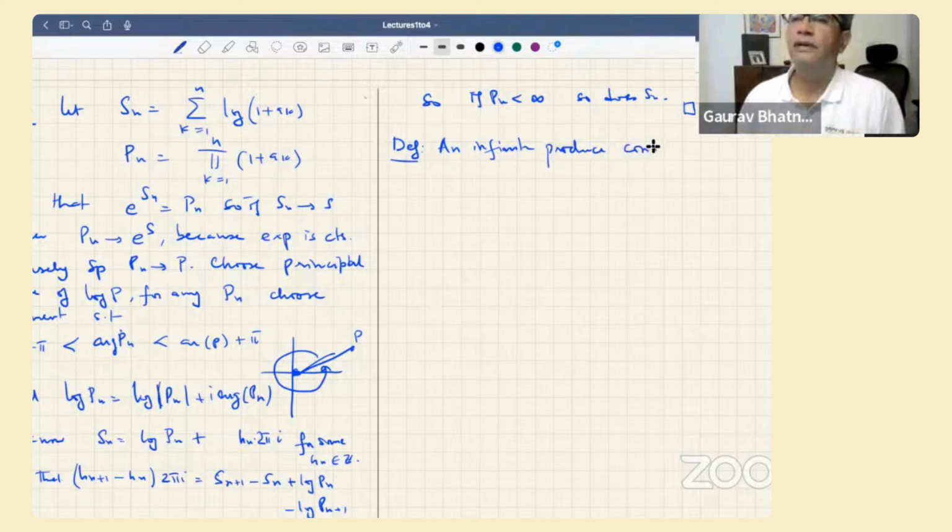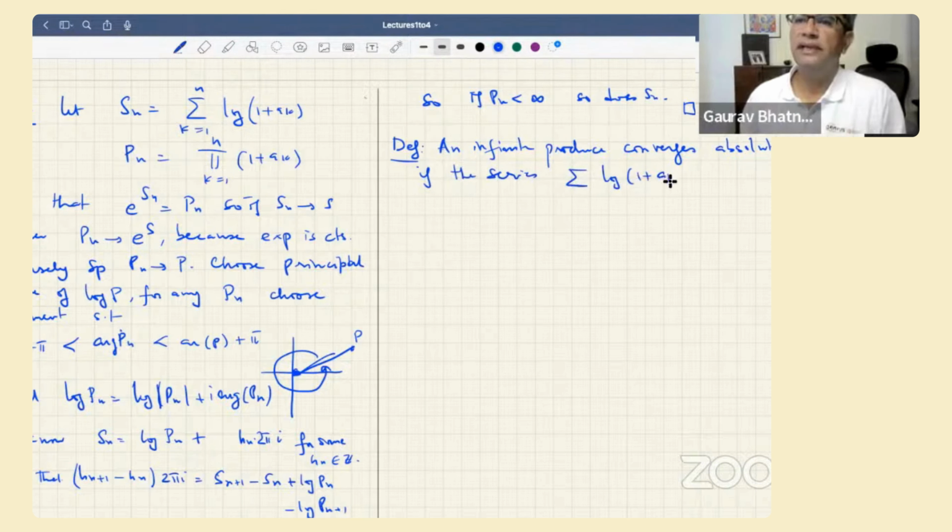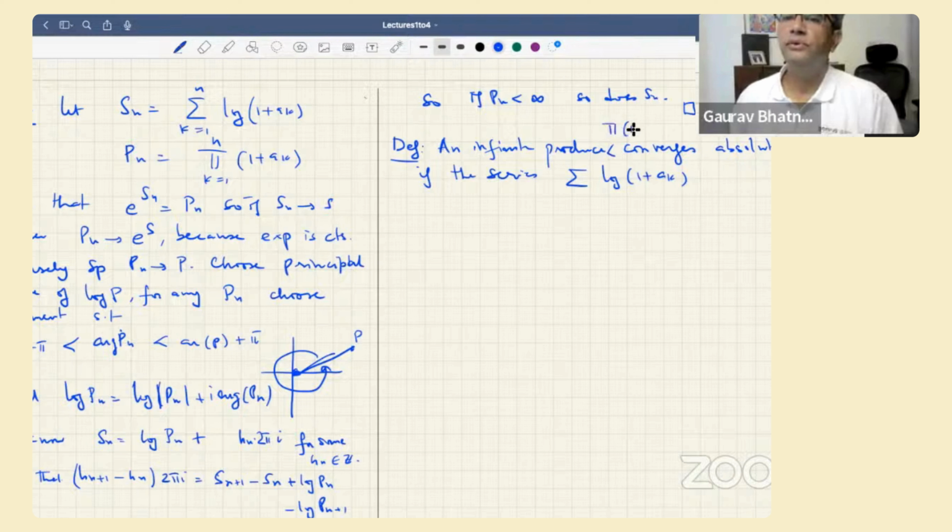So anyway, an infinite product converges absolutely if the series summation log 1 plus AK converges absolutely. So this is your usual 1 plus AK converges absolutely.